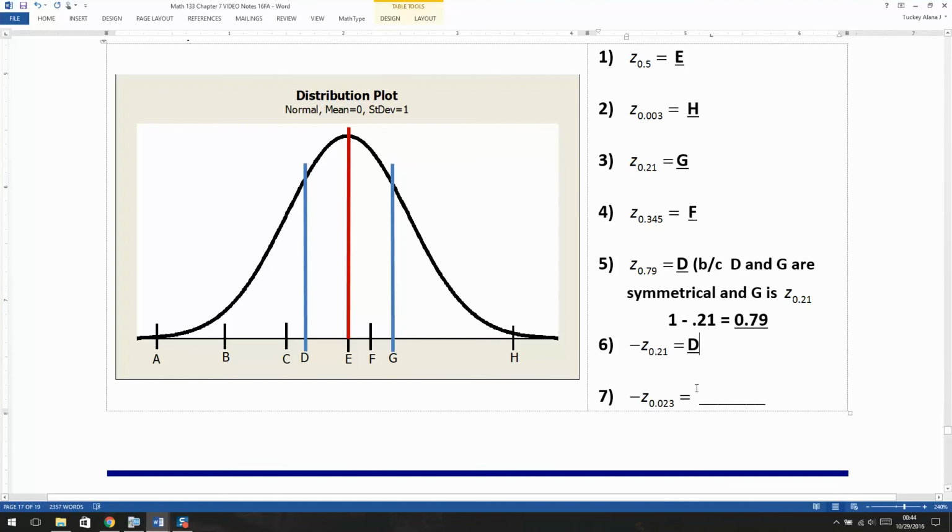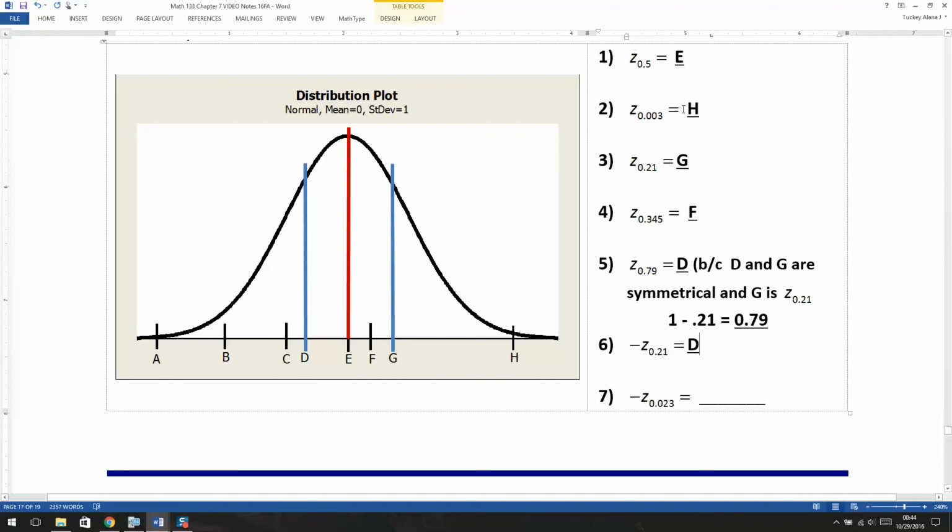And then the last one, which is actually easier than this whole D and G business, is negative z.023. So it's going to start on the left side, and I'm going to work my way until I get 2.3%. Now you might be thinking A, but remember that H over here on the right was only 0.003, with that little bit of white showing in that tail. So A is actually more like 0.000 something, like maybe 0.0001.